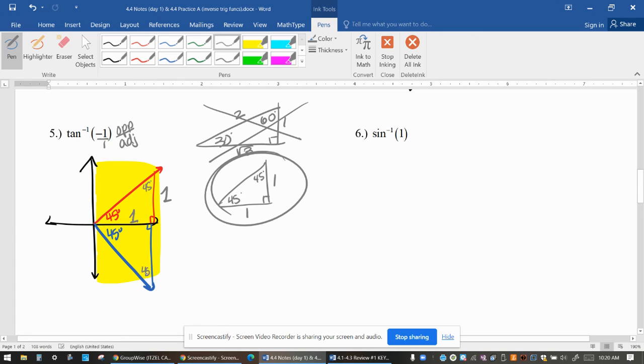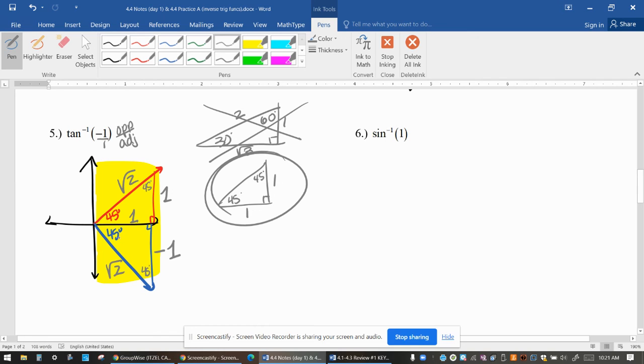So you fill in the rest of your side lengths, except this one is going to be -1 because you went down. Which triangle do we want, red or blue? Well, let's try it. If I use the red one, opposite over adjacent would give me +1, and that's not what I want. If I use the blue one, then I would get opposite over adjacent with the -1 included. So that's the one I want.